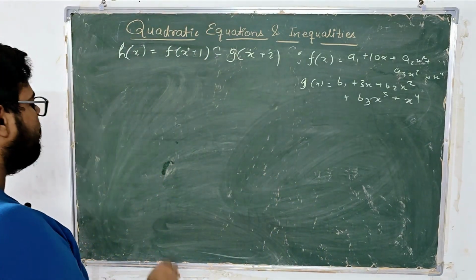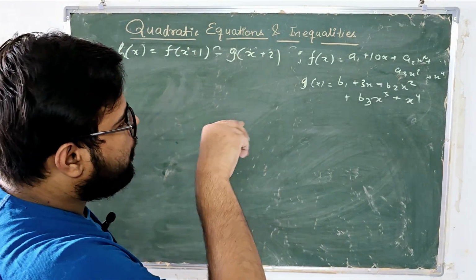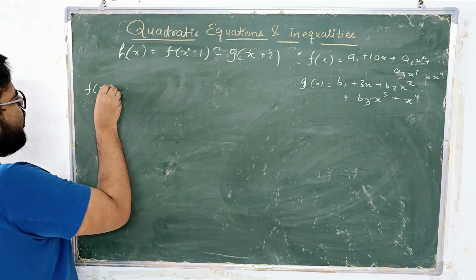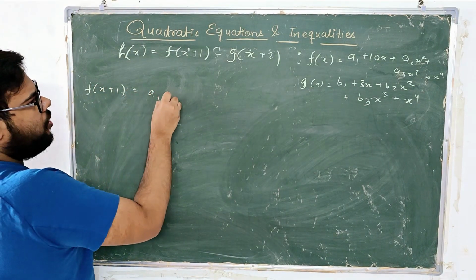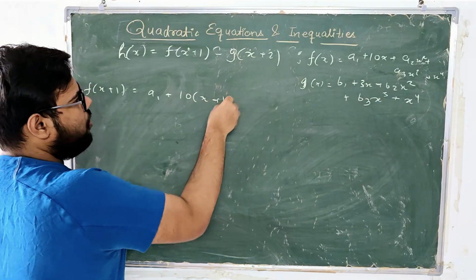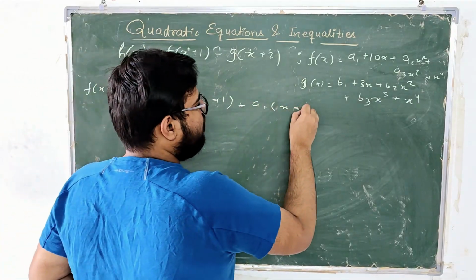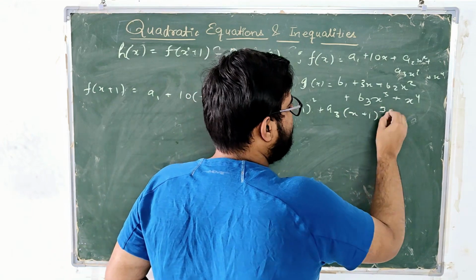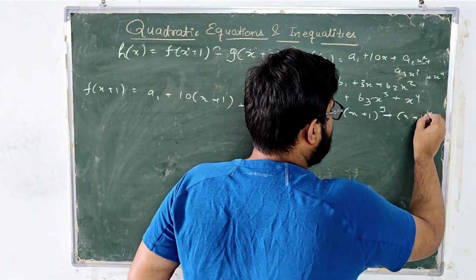Okay, so we want the coefficient of x cube from here. So let's see. So what will be function at x plus 1? It will be a1 plus 10 times (x plus 1) plus a2 (x plus 1) whole square plus a3 (x plus 1) whole cube plus (x plus 1) whole raised to power 4, correct?